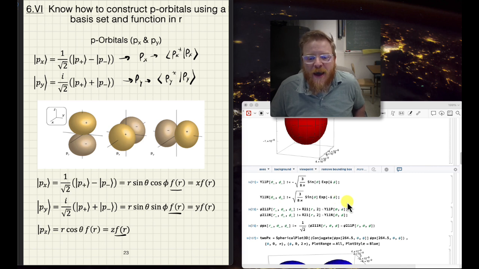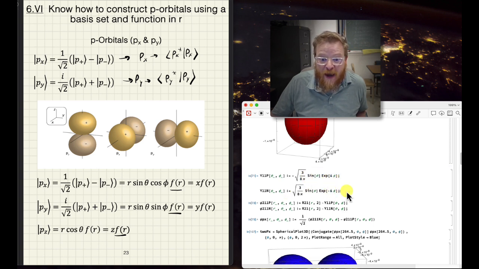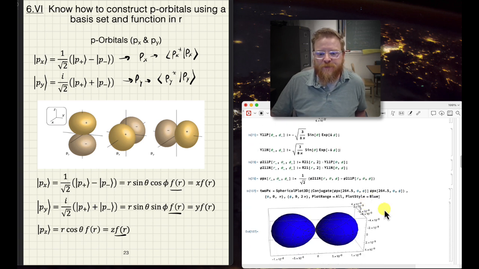So here in my Mathematica, you can see I'm defining the ml -1 and ml +1, and you can see that they do contain imaginary numbers, which is why we need to do the proper square modulus.